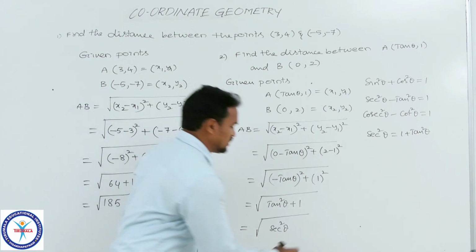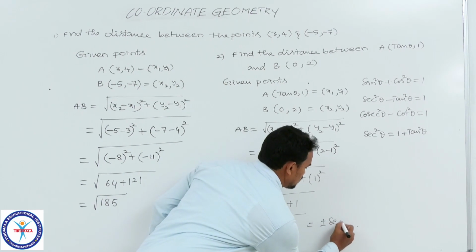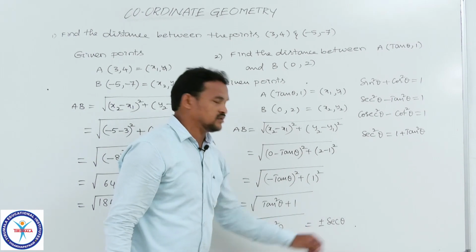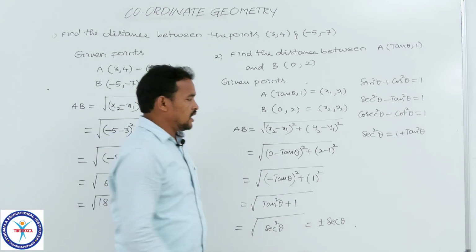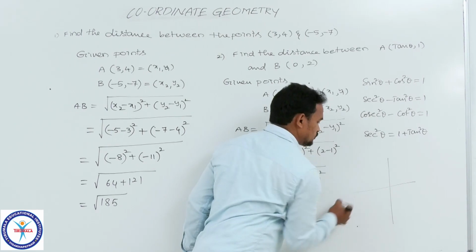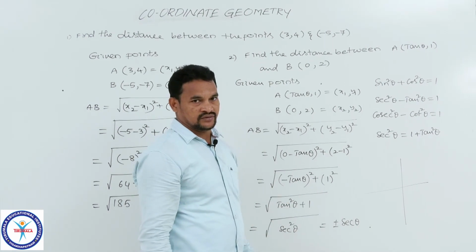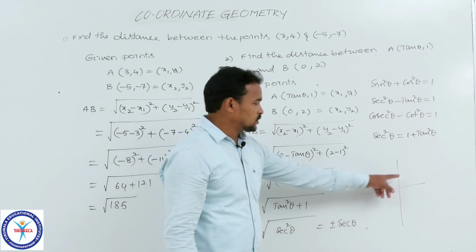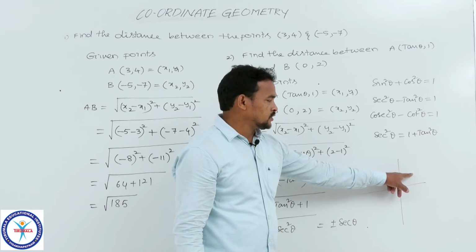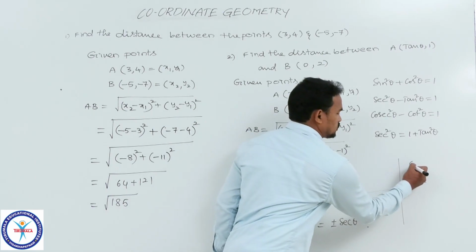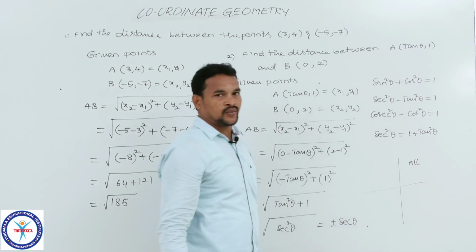Root over secant square theta is nothing but plus or minus secant theta. It is based on theta. Secant theta value, where is it positive, where is it negative? In the first quadrant, all trigonometric ratios are positive.